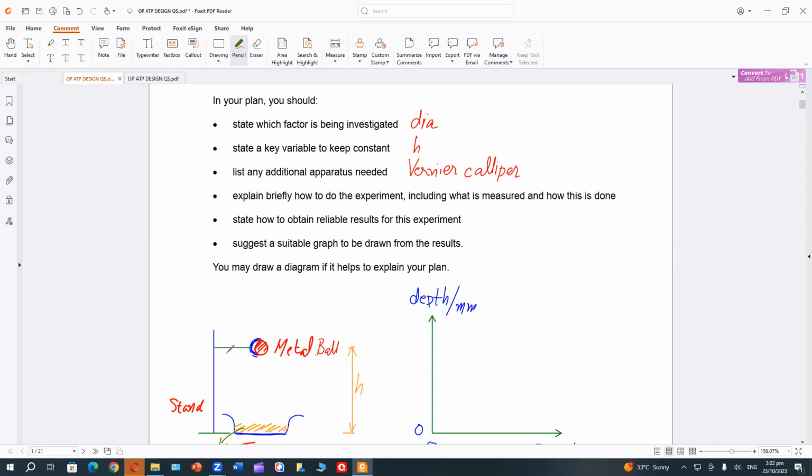Then what can you add up, what we should do after that, after dropping the ball from the different height?